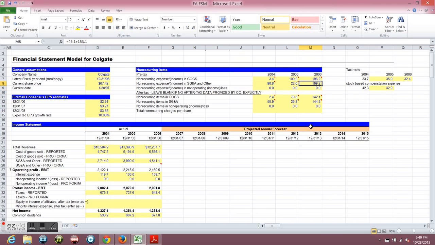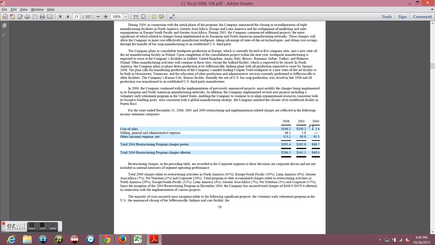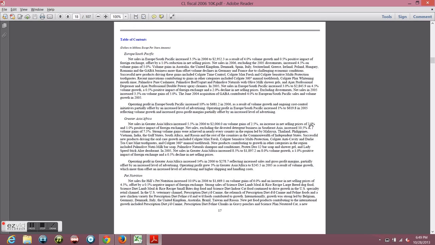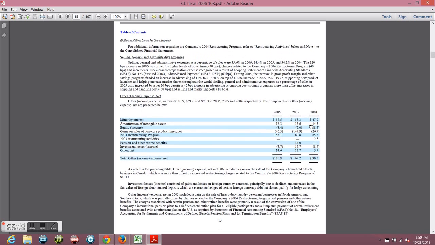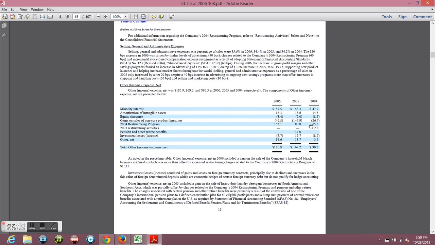Now, okay, as we read through our 10K, we also find that on page 13 we have our other income and expense. What we looked at before was our total restructuring costs, that restructuring program we were talking about. Over here it's more comprehensive, and it's talking more or less about the other income and expense that we need to look at.